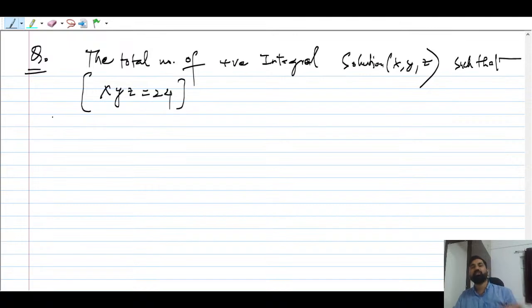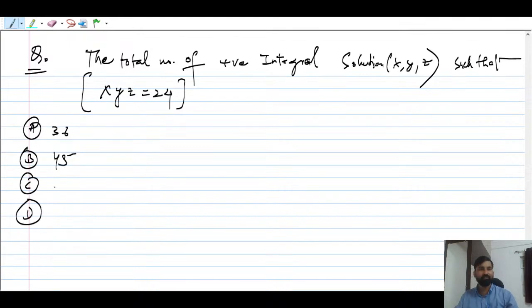So you have to find the total number of positive integral solutions, where the product should be 24. The options are A, B, C, D: 36, 45, 24, 30. It was asked in Mains 2021.